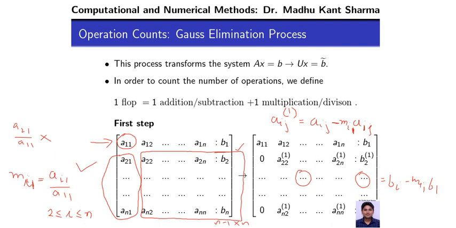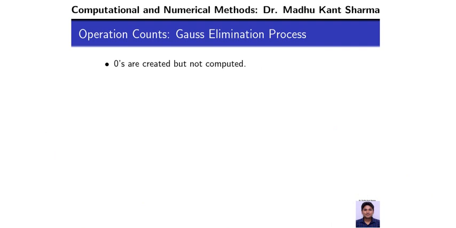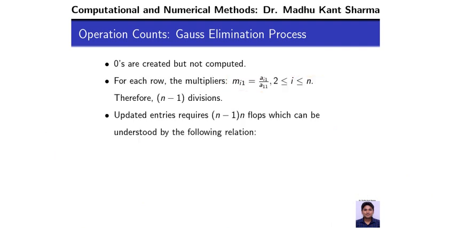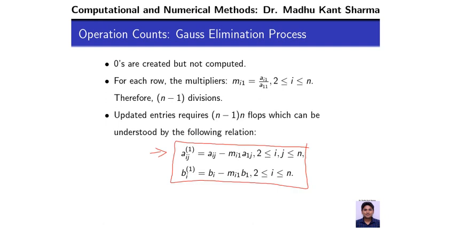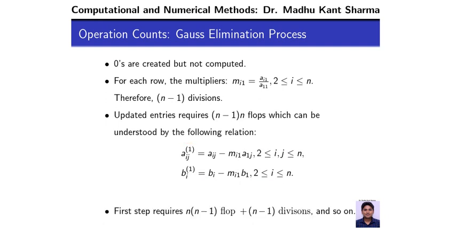The number of columns is n and the number of rows is n minus 1, so the total number of entries is n minus 1 into n, and each entry requires one flop to update, right? So how many flops? The updated entries require n into n minus 1 flops. That can be understood by the following relation, right?